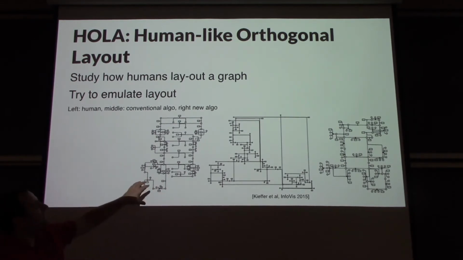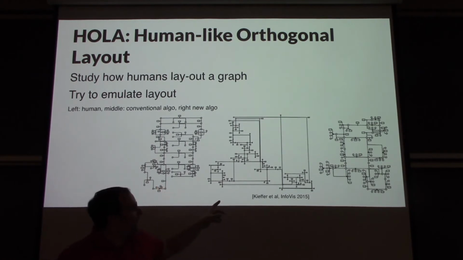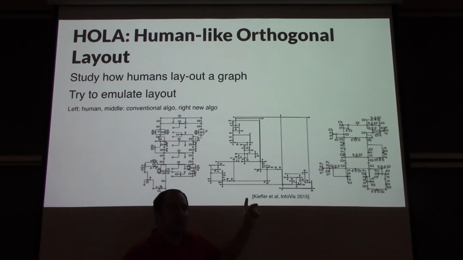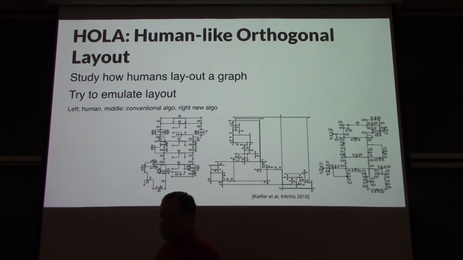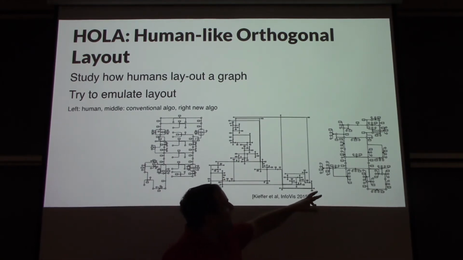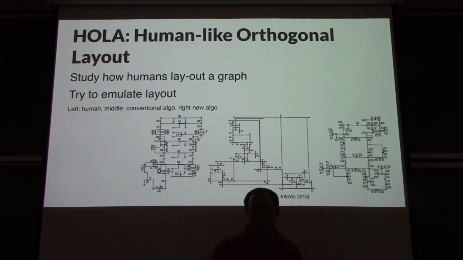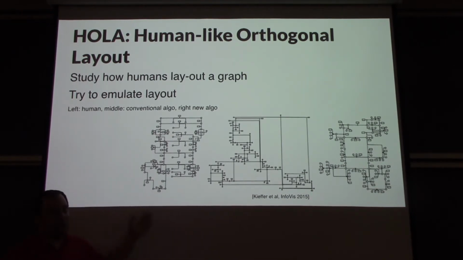This is such a graph, a metabolic network drawn by a human. Until recently, this was the best automatic layout algorithm that had a similar approach and drew such an orthogonal layout. But then these guys came up with a layout algorithm that produces graphs that look very much like what humans create.